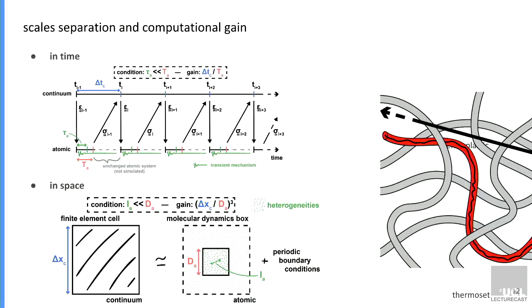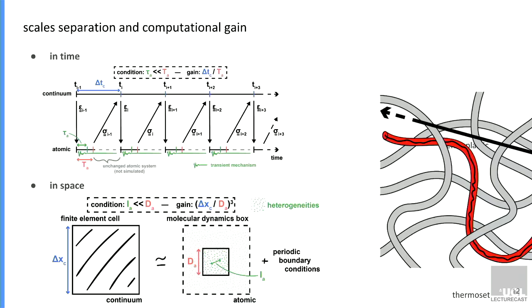In space, it is the same idea. You have the whole volume of your cell of the finite element model. Instead of simulating this with the nanoscopic resolution, let's say at the nanoscopic scale you have heterogeneities, which are these green dots in the figure.